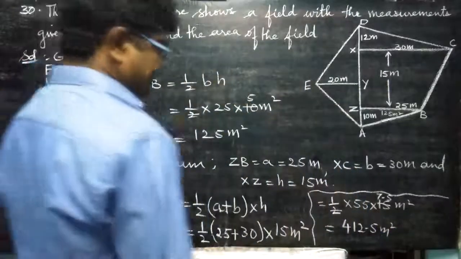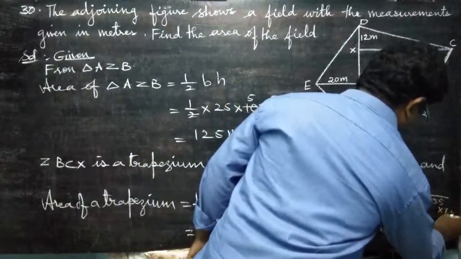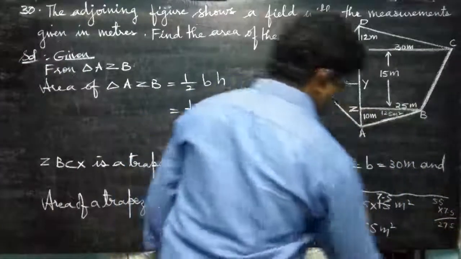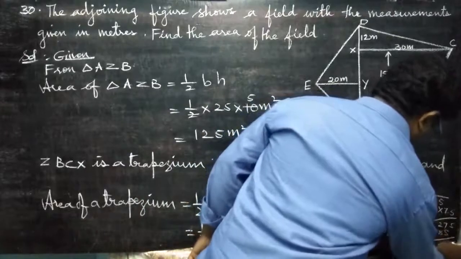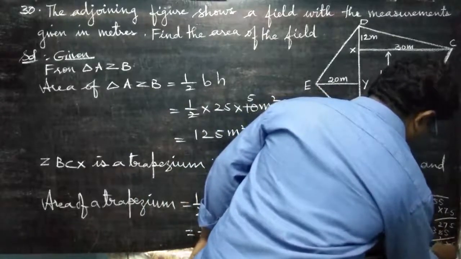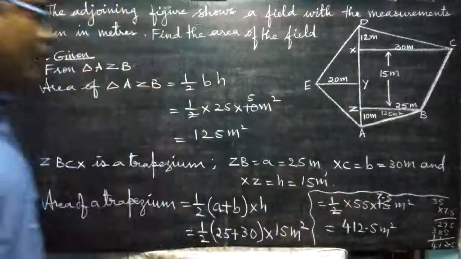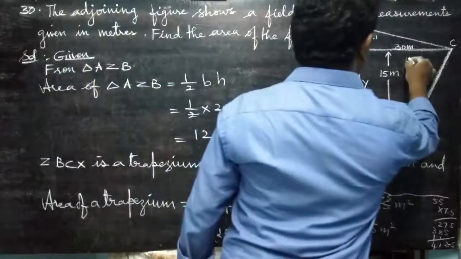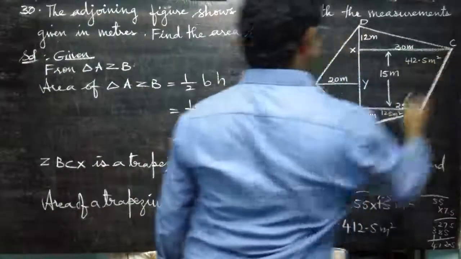Multiply clearly. 55 into 7.5. 25 2, again 25, 27, 35, 3, 38, 5, 12, 11, 4. So 412.5 meters square. Now we got the area of a trapezium as 412.5 meters square. Write that there.